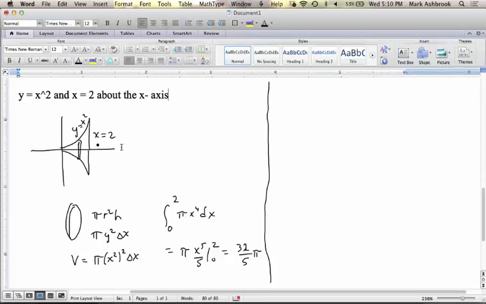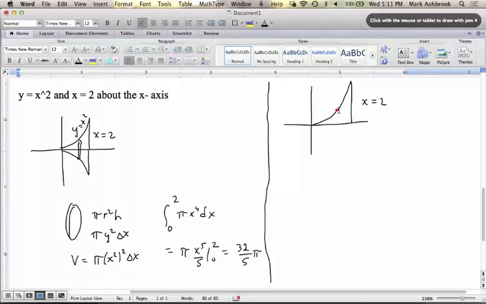Is it possible to do this using horizontal slices? Same problem. The question is, when you take a horizontal slice here and rotate it about the x-axis, what do you get?